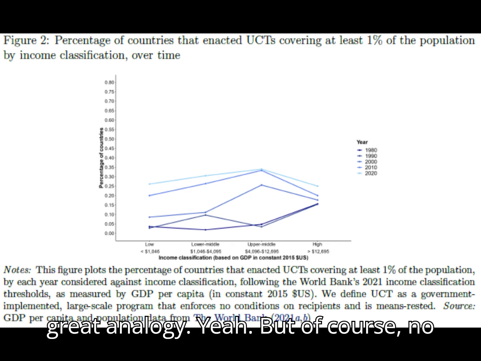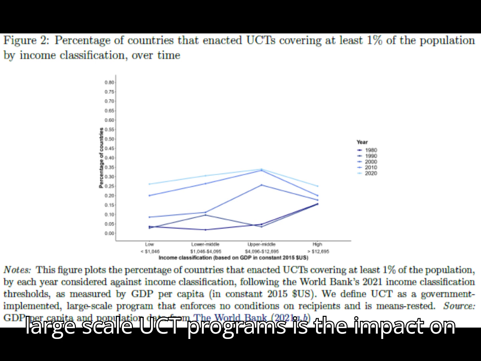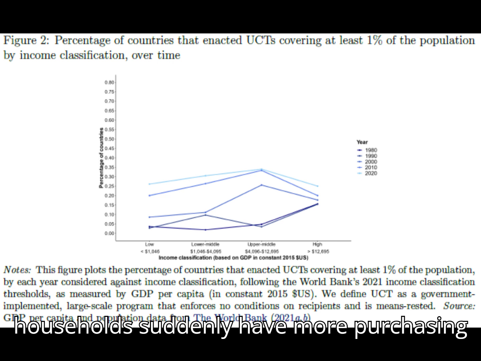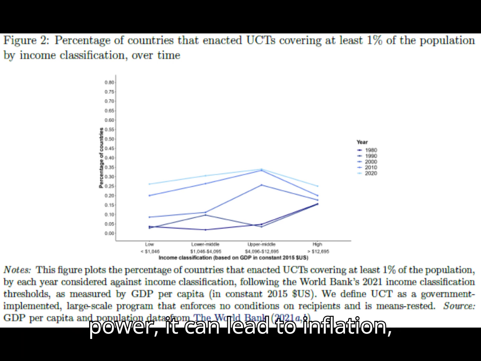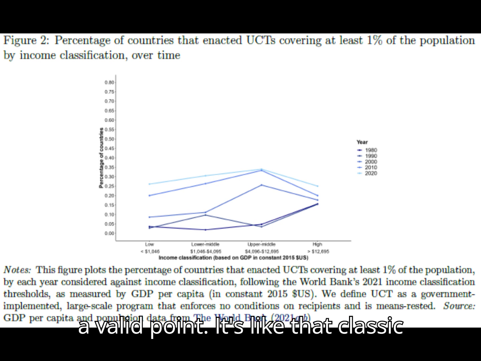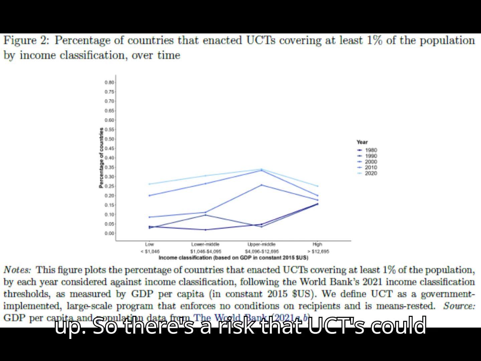But of course, no program is without its potential downsides. One concern with large-scale UCT programs is the impact on prices. If a significant portion of households suddenly have more purchasing power, it can lead to inflation, particularly for essential goods. That's a valid point. It's like that classic supply and demand. Exactly. If demand increases faster than supply, prices go up.